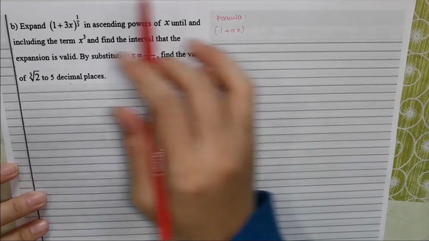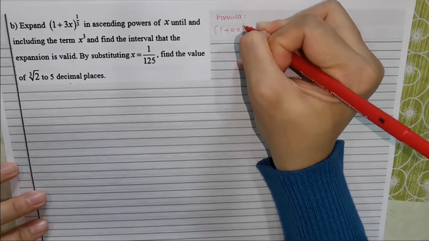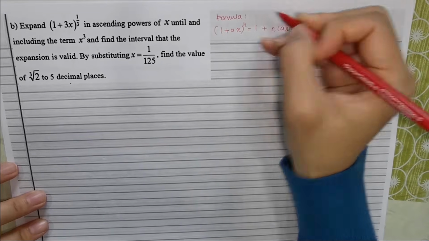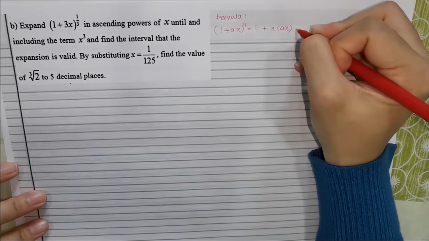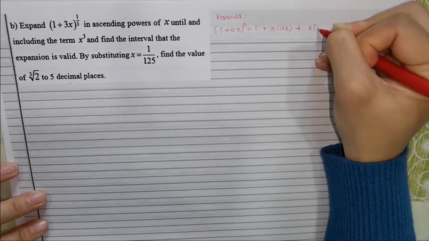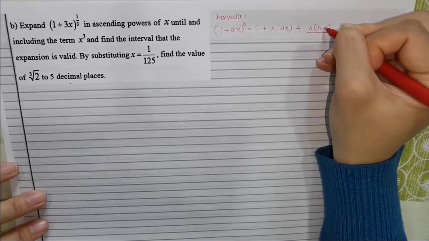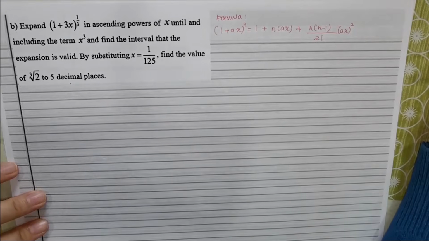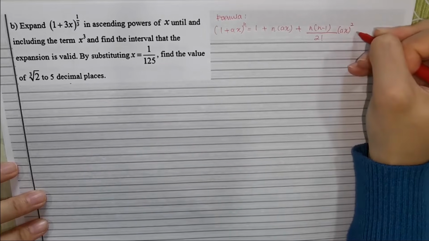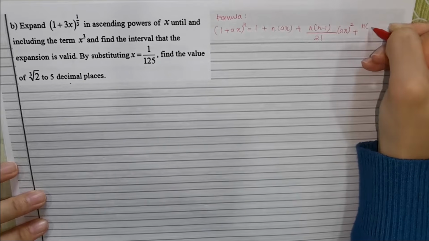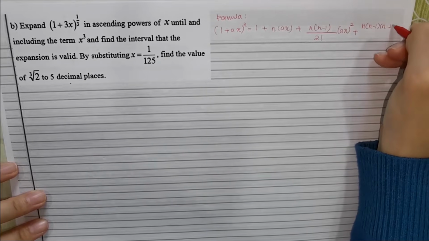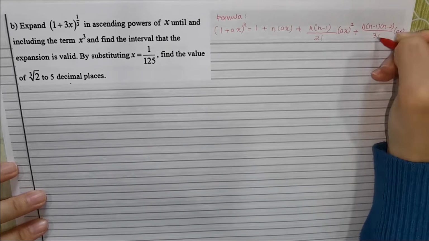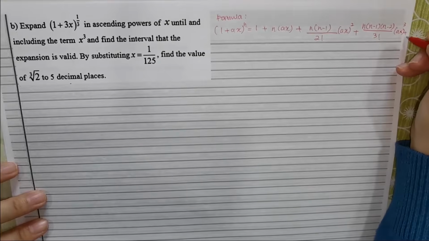Luckily we have 1 here, so we can just proceed with this formula: 1 plus n times x, plus n(n-1) over 2 factorial times x to the power 2, plus n(n-1)(n-2) over 3 factorial times x to the power 3, plus triple dot.